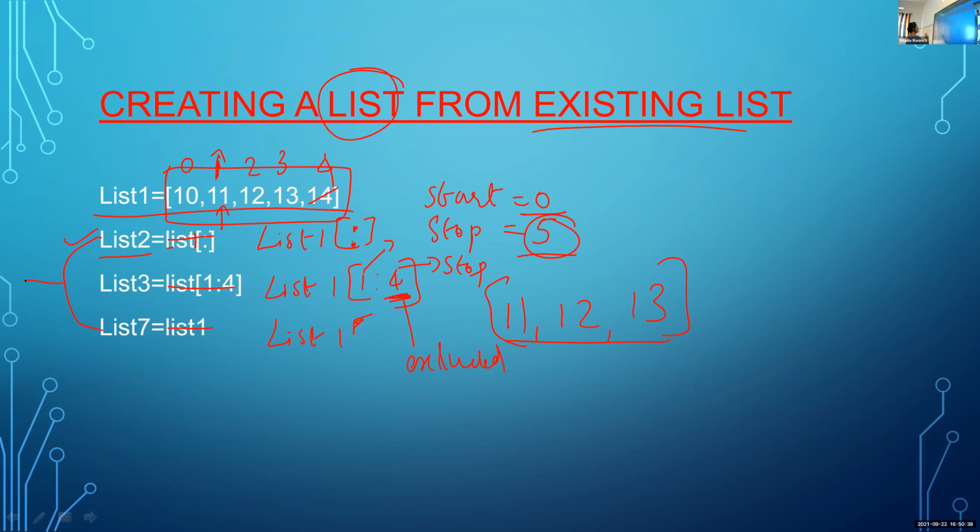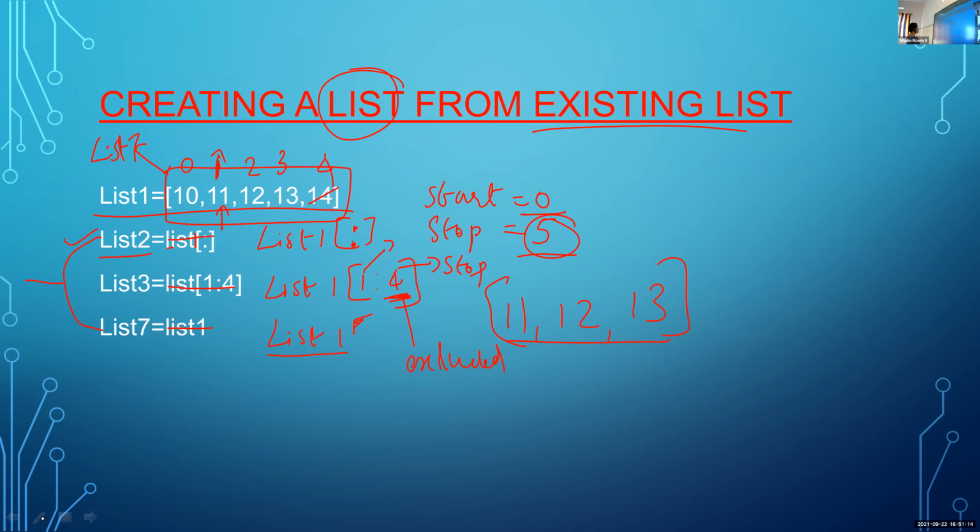These two are the same. List 1's contents are 10, 11, 12, 13, 14, and all the contents are copied to list 7. That is, this list has two names, list 1 and list 7. That is the meaning of this statement. List 7 is equal to list 1 means we are giving an alternate name, list 7, for list 1.